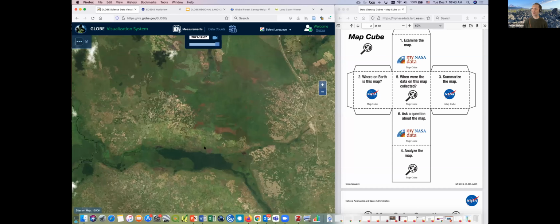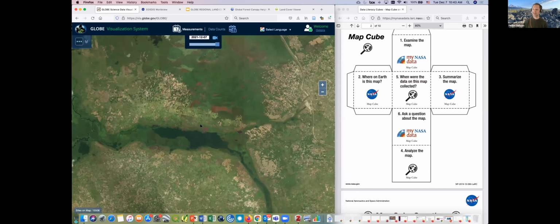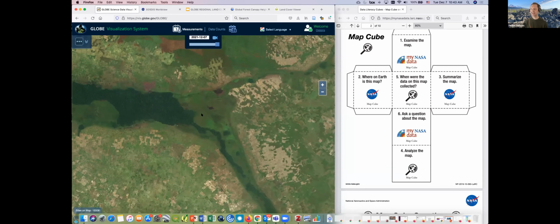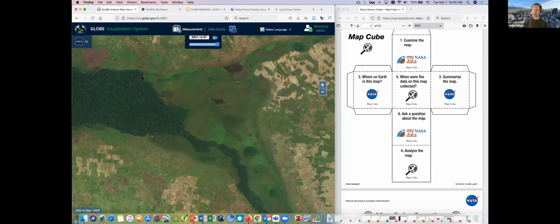One of the things you should also notice when you're looking at trees around the globe, and I want to highlight this, is that you'll have areas that are protected. We can tell that they're protected because of these edges. You see where it's a lighter, brighter green, and then we end up with the darker green in this area.